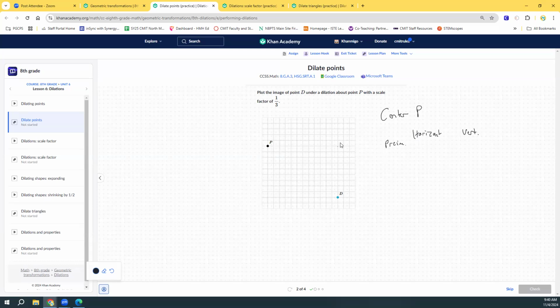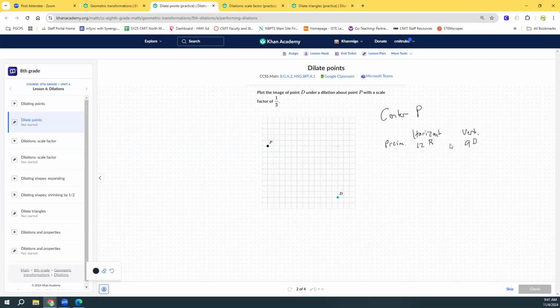It's 12 to the right. And then how far down is it? 1, 2, 3, 4, 5, 6, 7, 8, 9. Down.